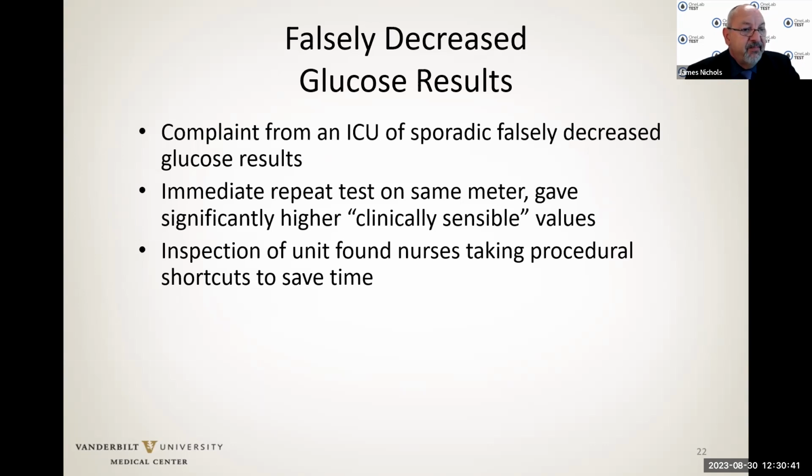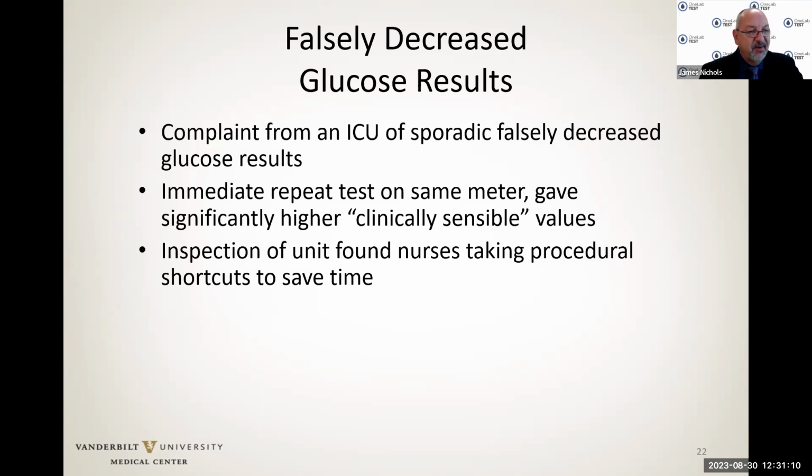And what they were doing when they opened up a new bottle of test strips, instead of capping it again and taking one strip at a time, they would dump all of the test strips on an absorbent paper on the counter where the testing was taking place. And sometimes when they finished, there was a trash can next to the counter. They would throw the test strip into the trash can, but sometimes it would make it in the trash can, and other times it landed back on that absorbent paper.